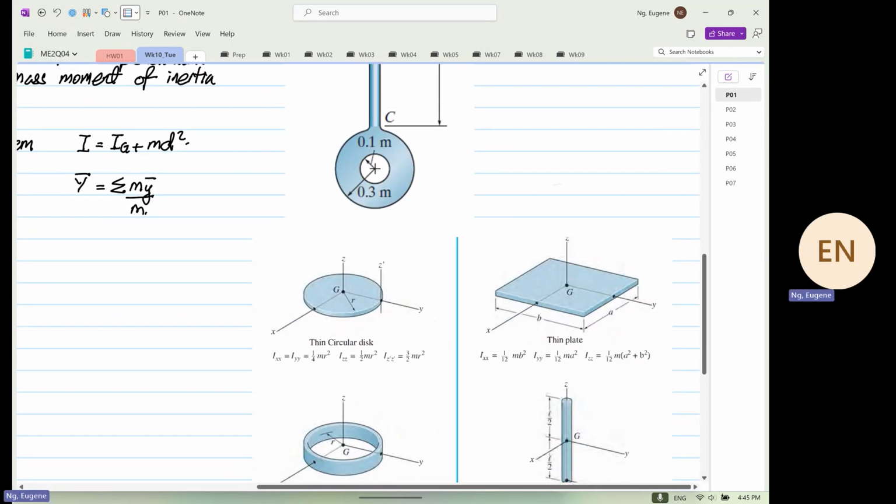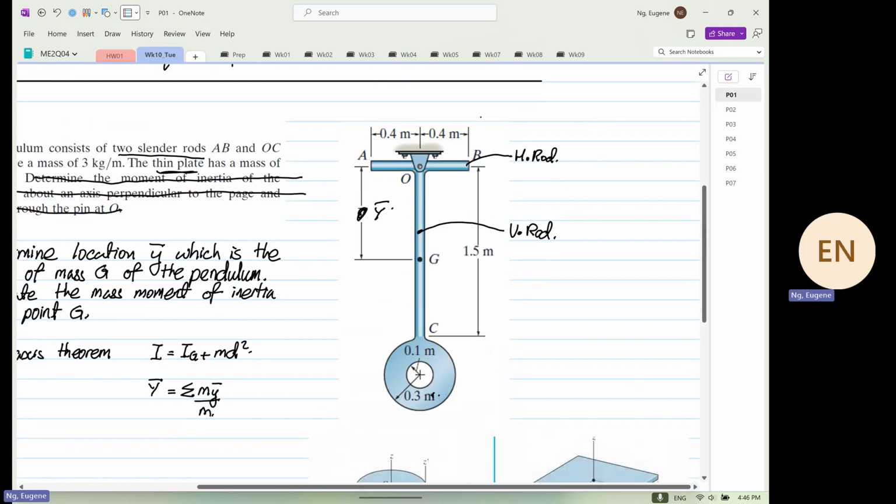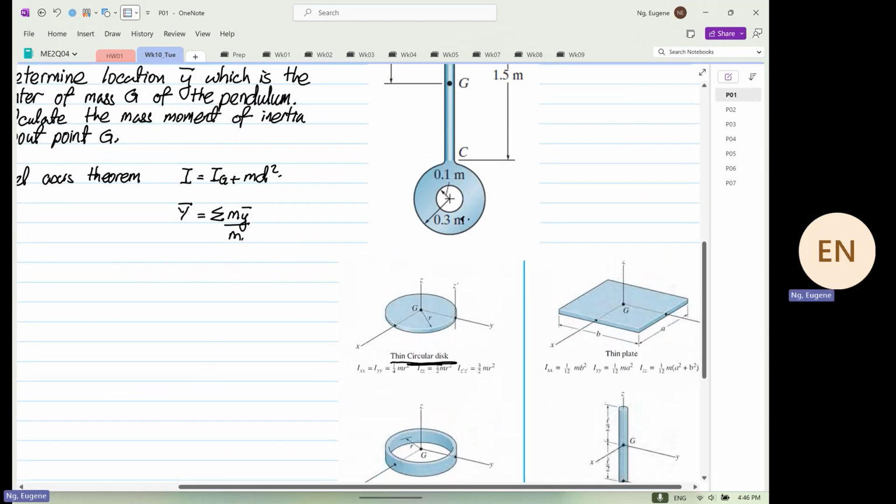So down here, the dilemma is this: do you classify it as a thin ring, or as a thin circular disc? If you are not sure, read the question. It says that it's a thin plate, and you are given radiuses.